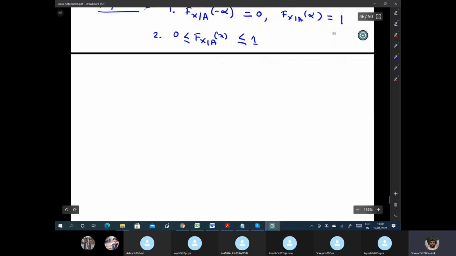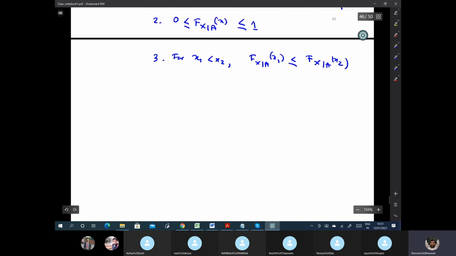This is a CDF, so it should follow the CDF properties. For x1 less than x2, F of x1 given A is less than or equal to F of x2 given A. That means it is a monotonically non-decreasing function.